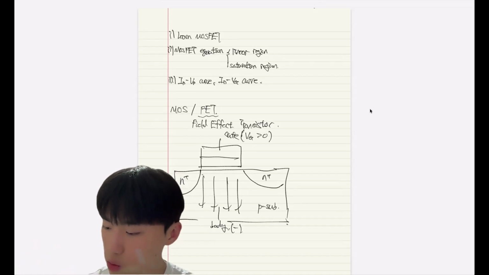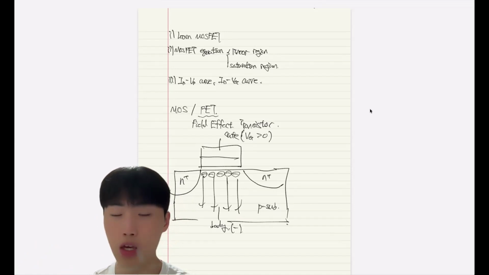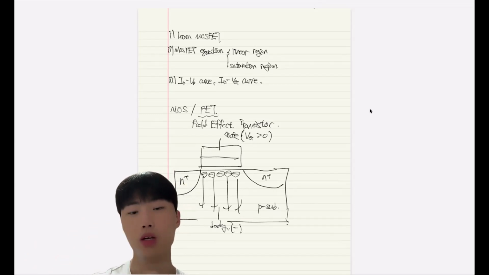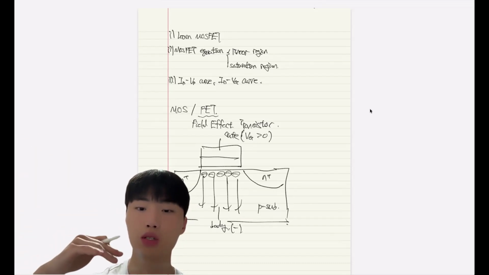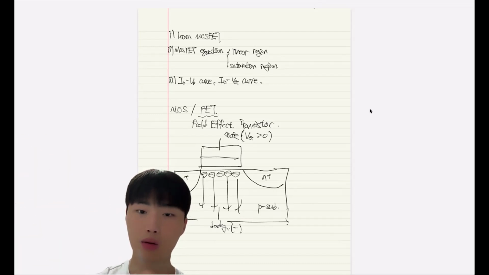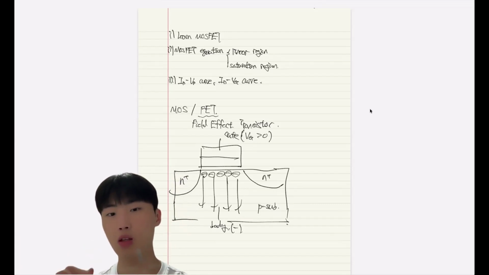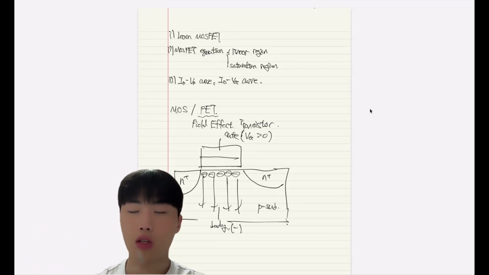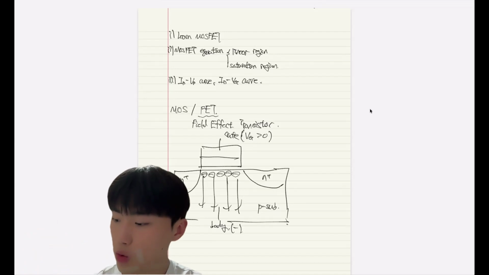And the electrons will be accumulated on the surface part, because the electrons cannot go over into the silicon dioxide, since the silicon dioxide is a dielectric.